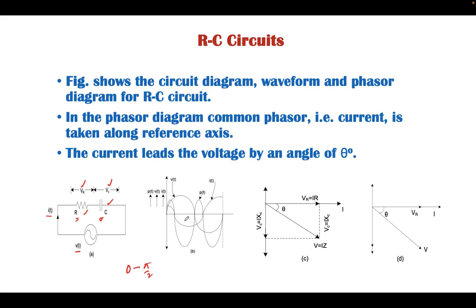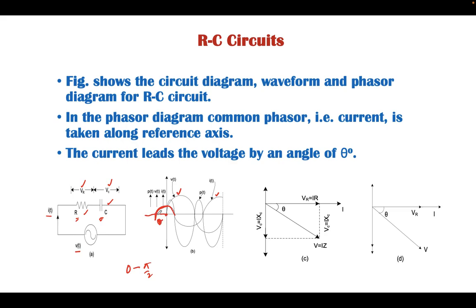Now considering the waveforms, let me consider this is the voltage waveform. Now this is the current waveform. The voltage waveform is starting from 0, taken as the reference. The current waveform will be starting before this reference, because the current leads the voltage, and hence by an angle of theta.